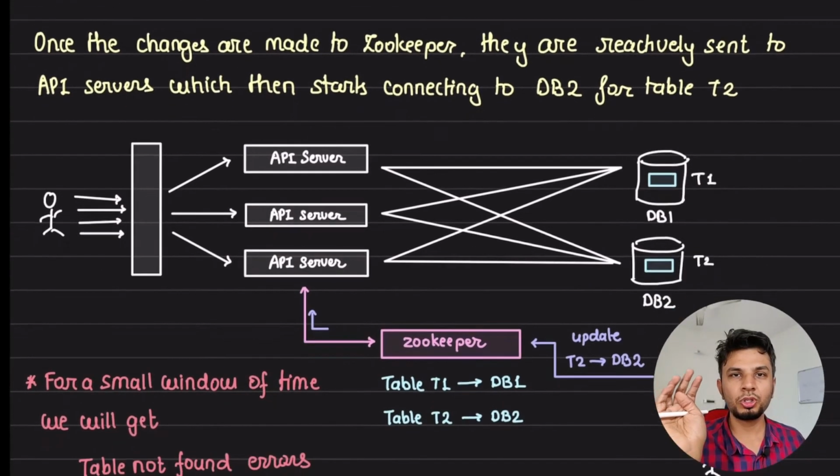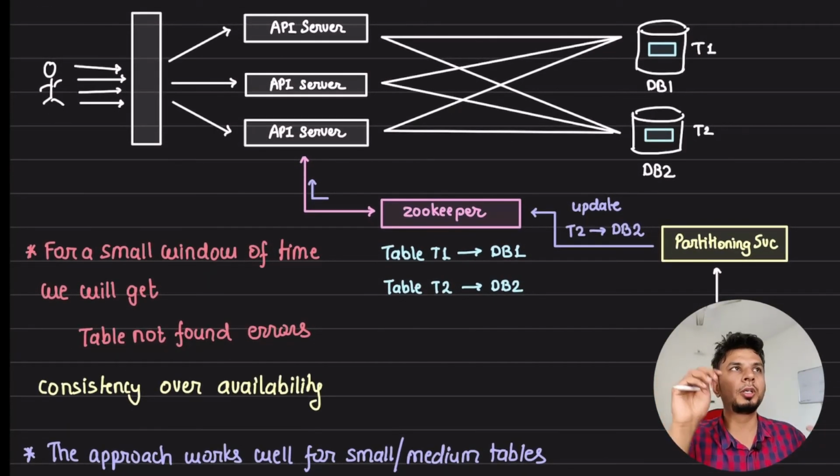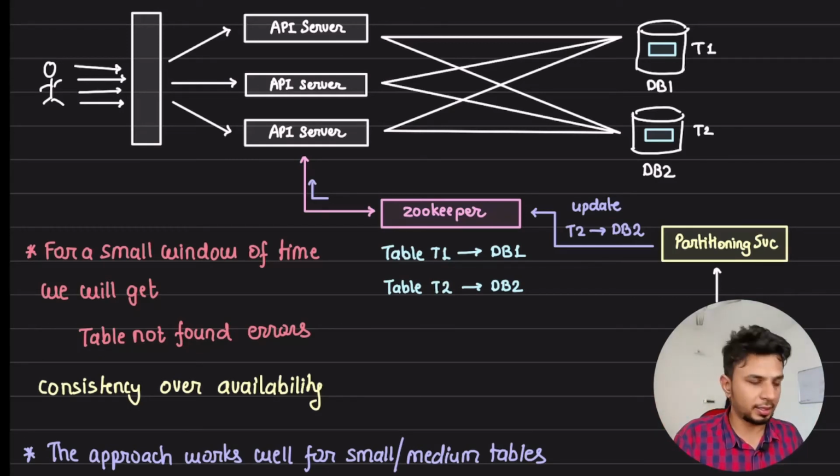So the overall flow, not really an architecture, but the overall flow to do vertical partitioning would look something like this. You will have your users who are constantly sending you read and write requests. The requests go through a load balancer, hitting one of your API servers. Let's say it's an authentication request.